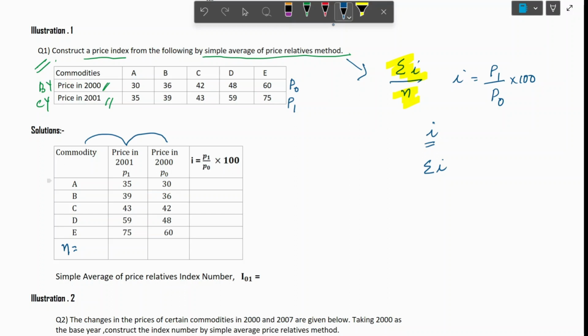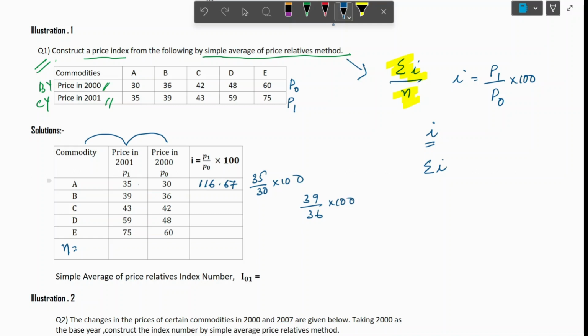That means you are going to calculate I for each and every commodity, that is current price divided by base price into 100. Here 35 divided by 30 into 100 will fill this column, and the answer is 116.67. Next, 39 divided by 36 into 100.